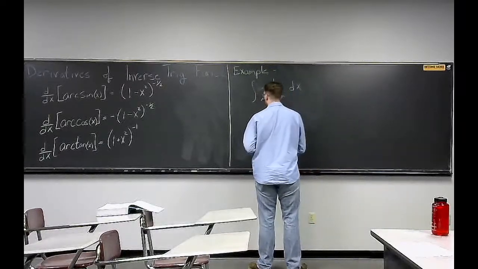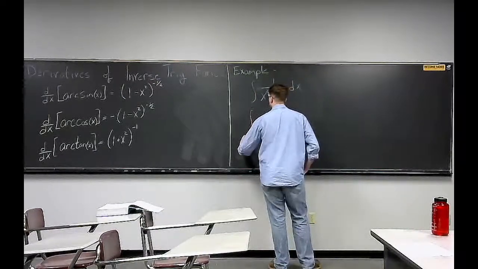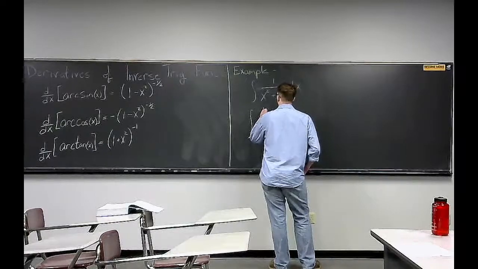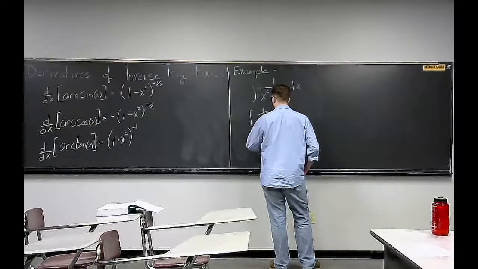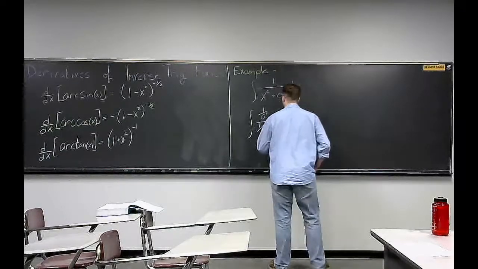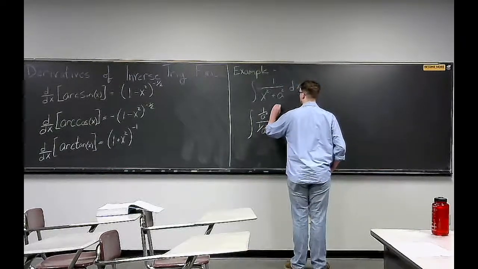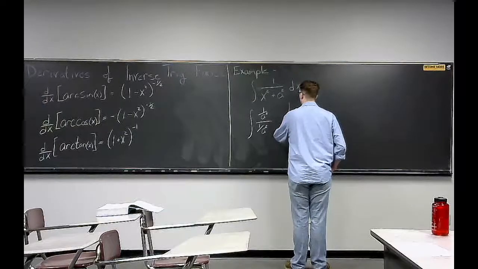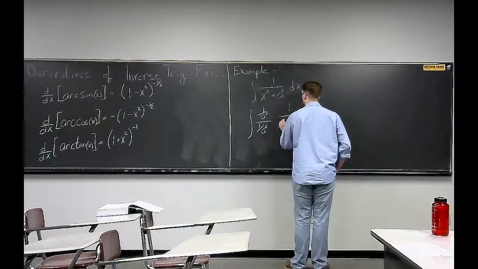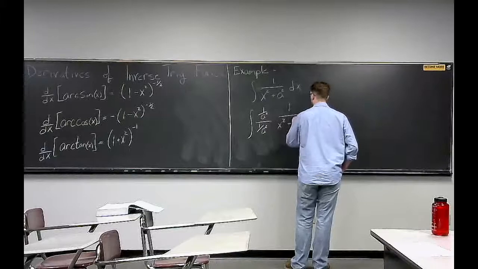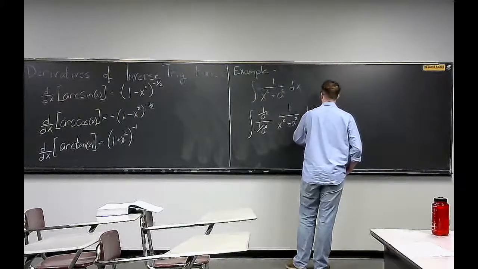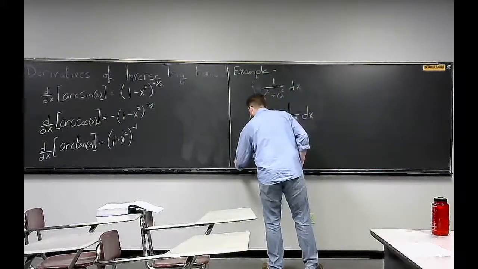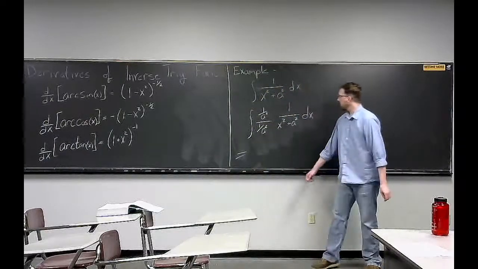Integrating 1 over a squared over 1 over a squared times 1 over the quantity x squared plus a squared, integrated with respect to x gives us, well, check it out.